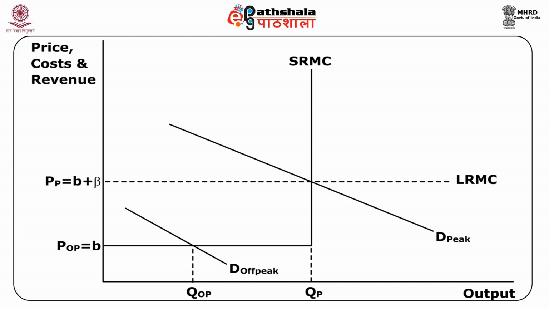Hence, the off-peak consumers are charged marginal operating costs only, and the peak users marginal operating and marginal capacity costs, as it is the on-peakers who cause a strain on capacity.